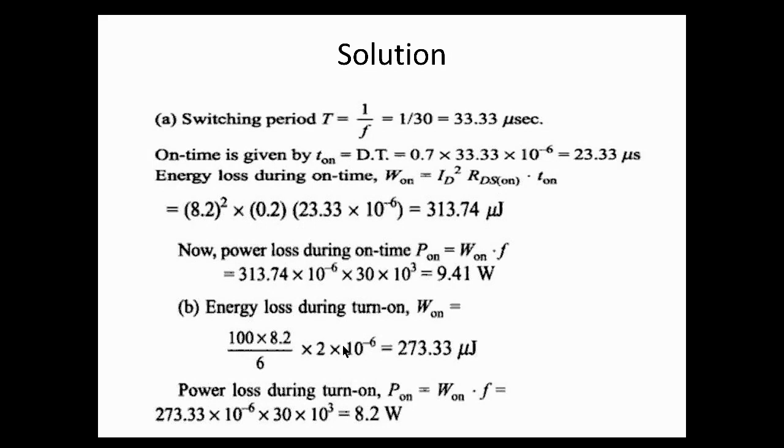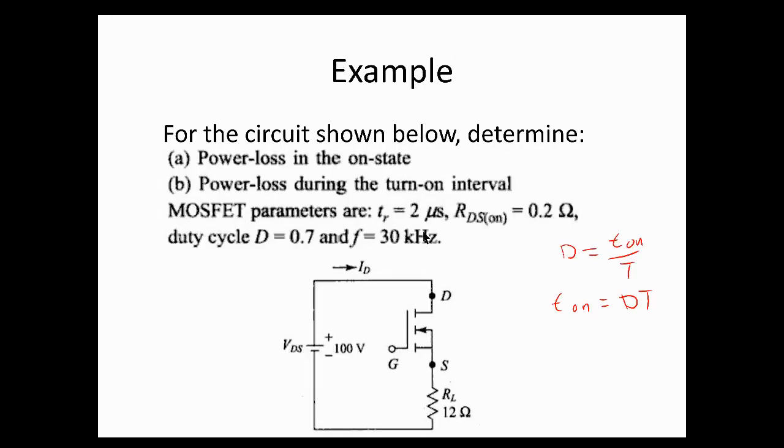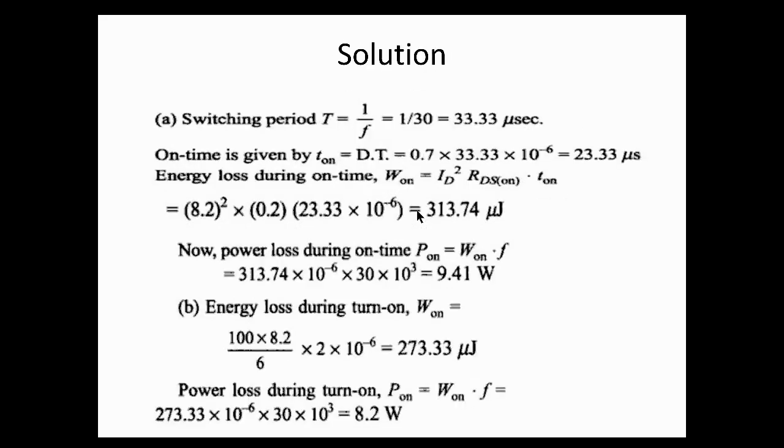The rise time is a parameter that would have been supplied. We can get that from the manufacturer's data sheet. It's not given in the question. However, you have the data sheet, so you could always get that value. So you make all the appropriate substitutions, and you have 273.33 microjoules.